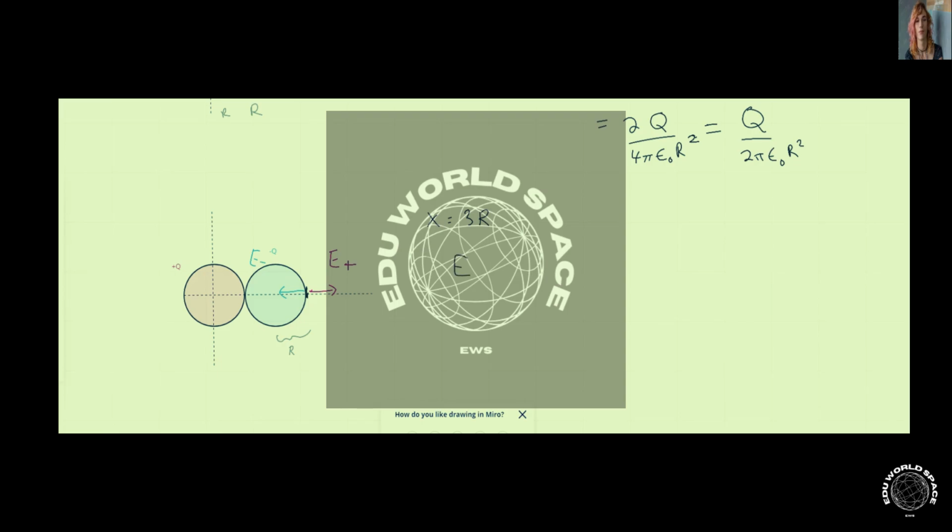Again, we'll use superposition, but this time we are going to have to subtract the E negative magnitude. So notice that the direction comes not from the charge necessarily, but from the direction that the electric field points. And we're outside both spheres, so we don't have any funny density business.